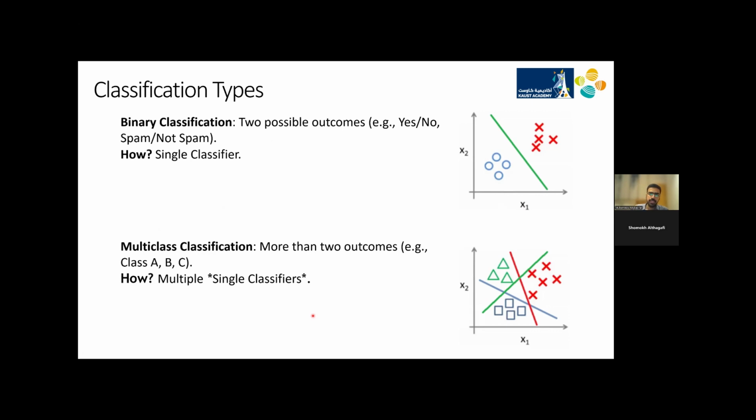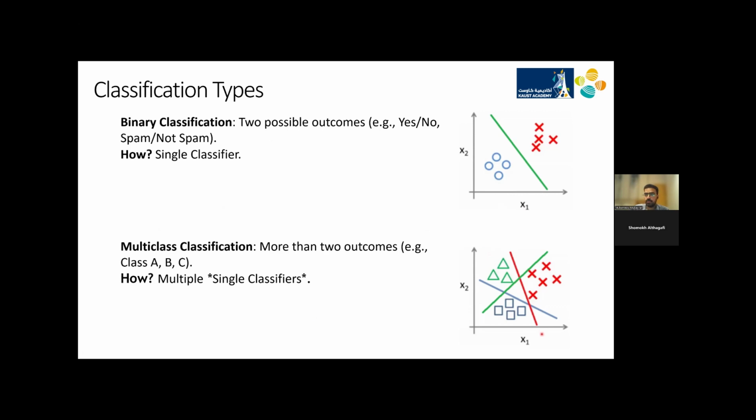And you can actually think of multi-class classification as a lot of single classifiers or binary classifiers. For example, if I have this green line, what this green line actually means is that anything before the line belongs to the triangle, and anything after the line belongs to not a triangle.